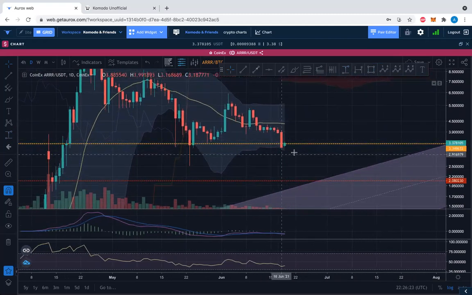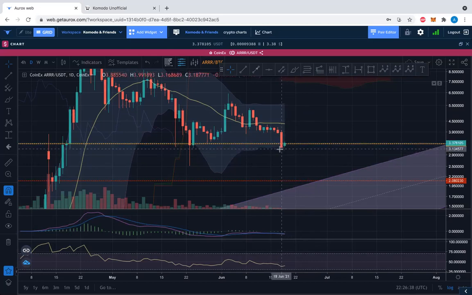Now, here on this dollar chart, we are being resisted by this type of level here at the 333-ish level, but we're slightly above it. So we're going to be playing around here and trying to figure out where do we go.